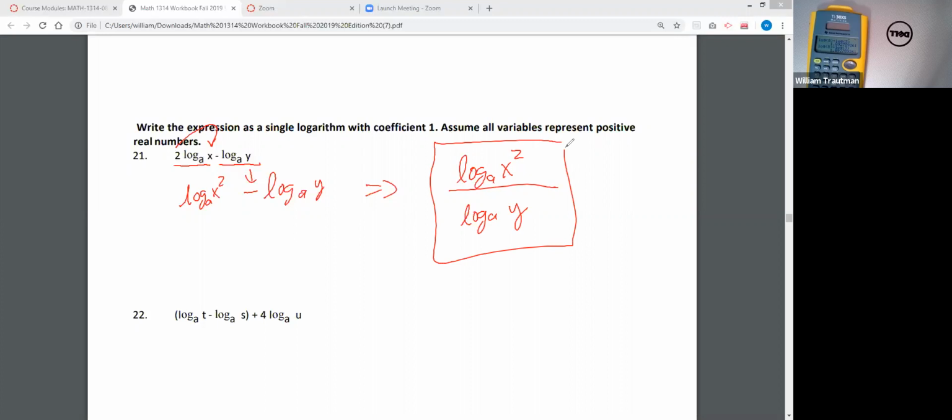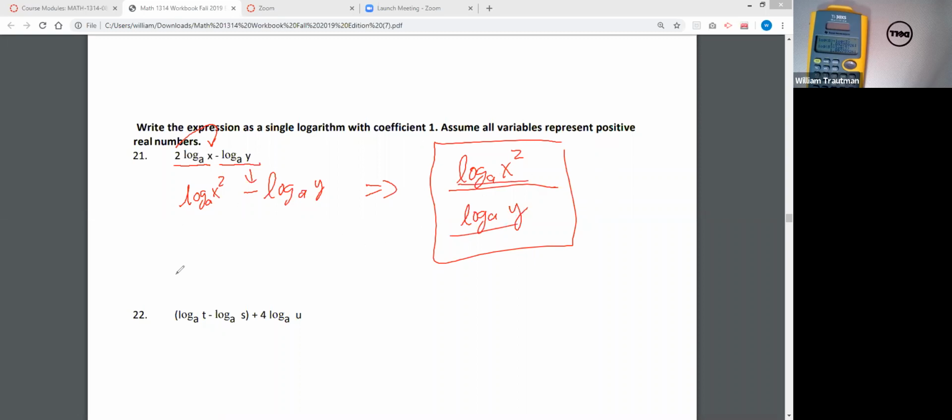And we're done. When you combine it, you could write it like this, but I think your computer would mark it wrong. We're writing the expression as a single logarithm. We have two logs here.